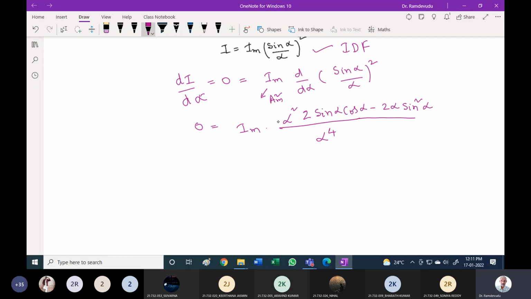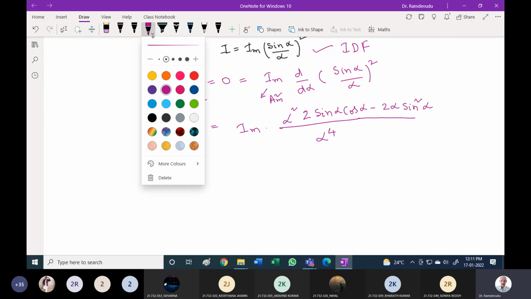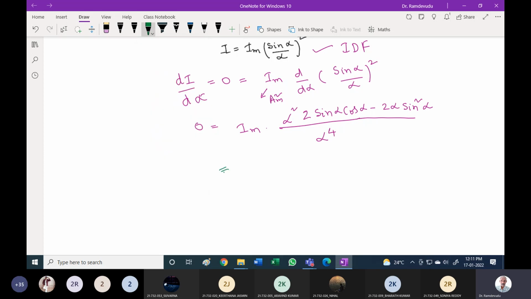If I cancel throughout one alpha square here, alpha I can cancel here. Otherwise, I'll write this as equal to Im into, I can take 2 alpha and sine alpha out.